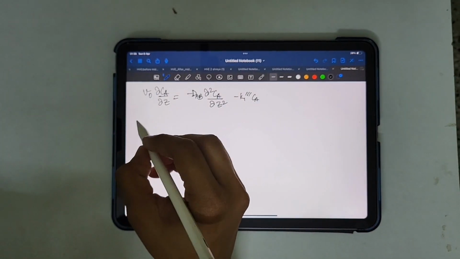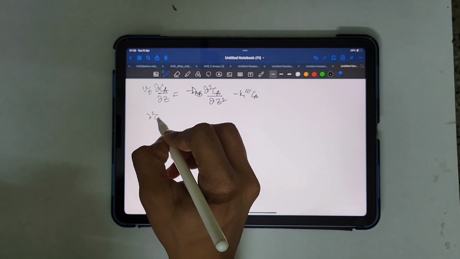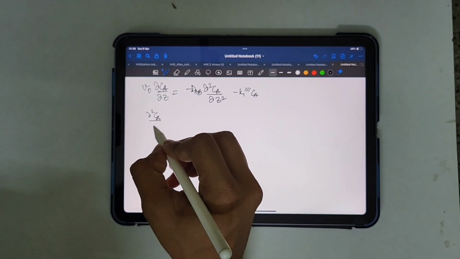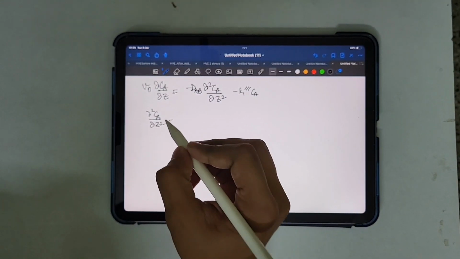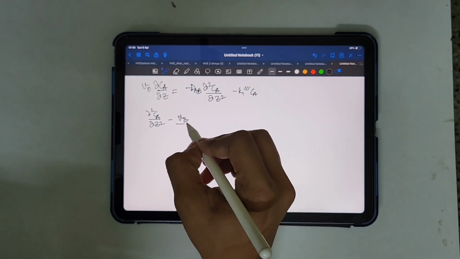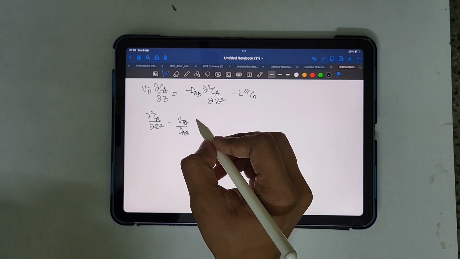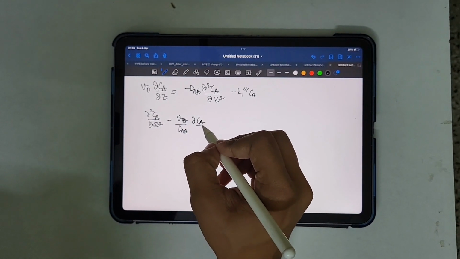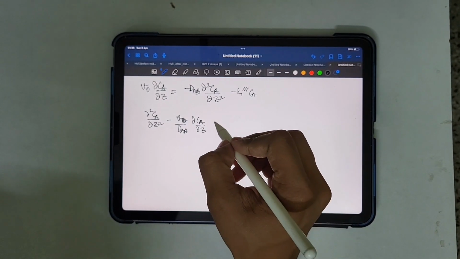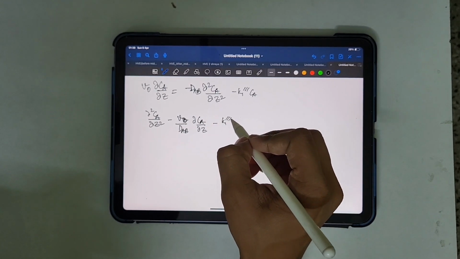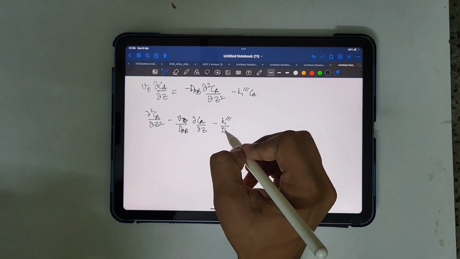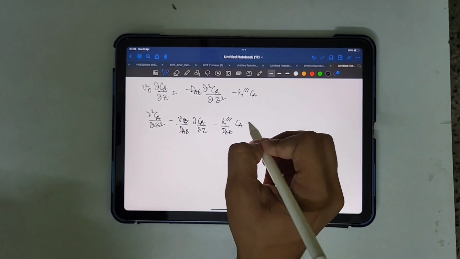So we get ∂²CA/∂Z² minus V0 by DAB times ∂CA/∂Z minus K1 triple prime by DAB times CA is equal to 0.